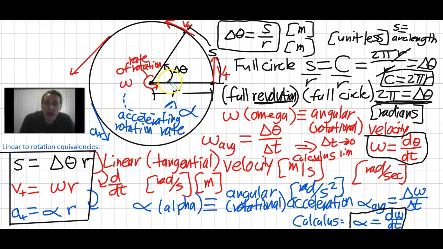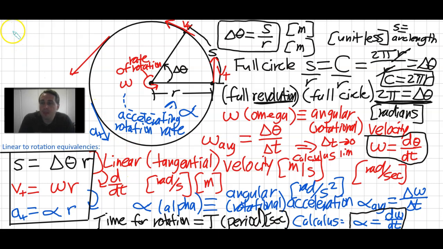Now you may also ask, how long does it take? What's the time period for one rotation? So the time for a rotation is equal to capital T, and that we call the period. And that should have units of seconds. Now for the period, I'll just write it up here.